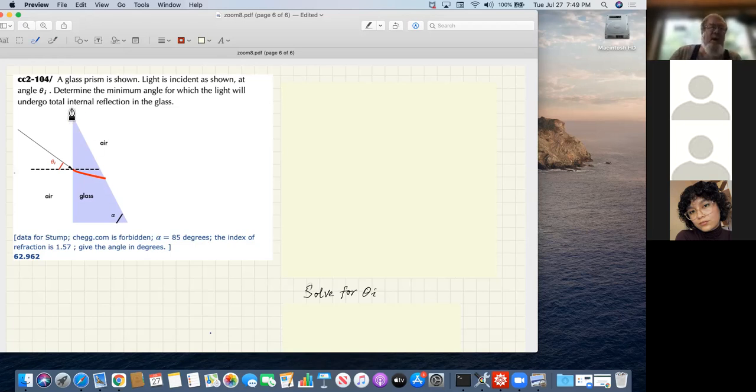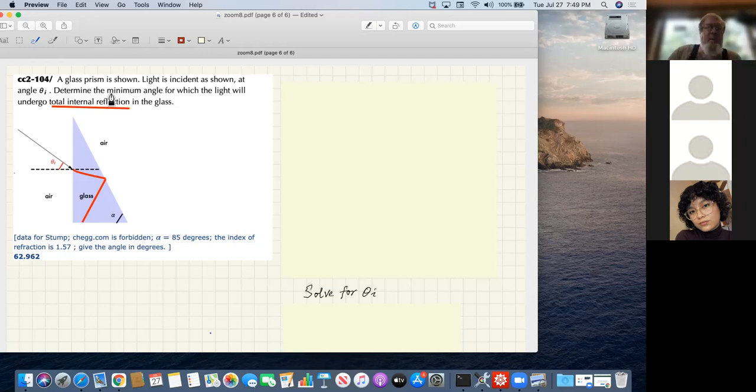But what you're asked about is, when will it undergo total internal reflection? So in other words, you want it to come off with a reflection, which will come off in this direction, and all the energy should be reflected. No energy transmitted into the air. No light coming off in this direction. That's the condition for total internal reflection.